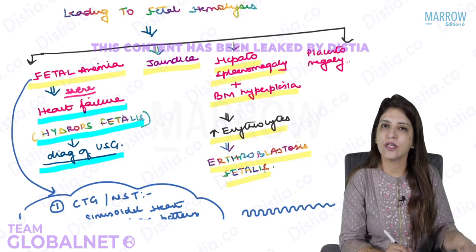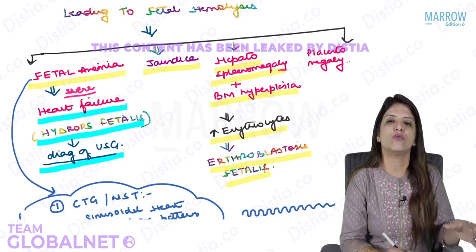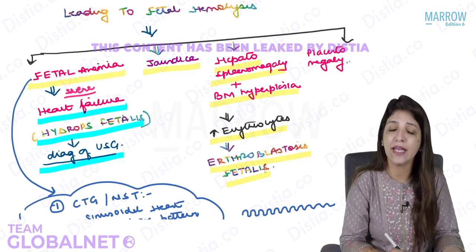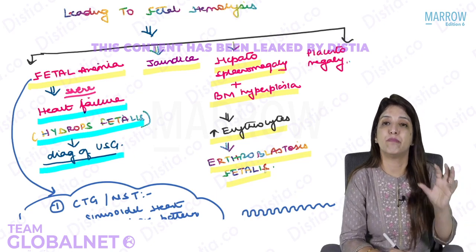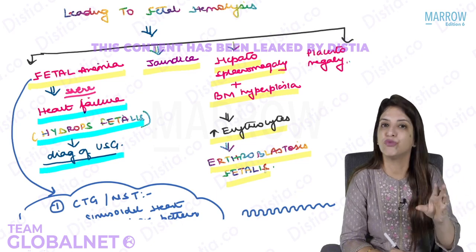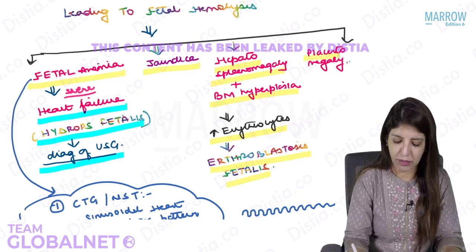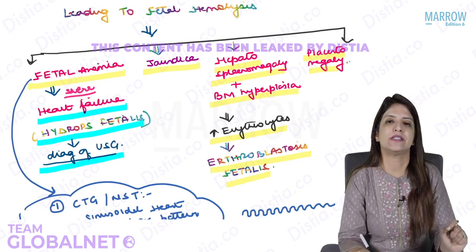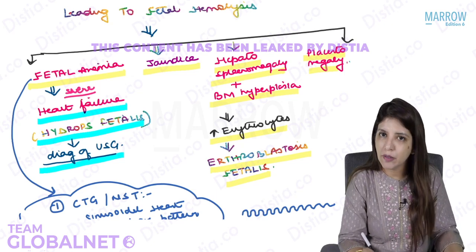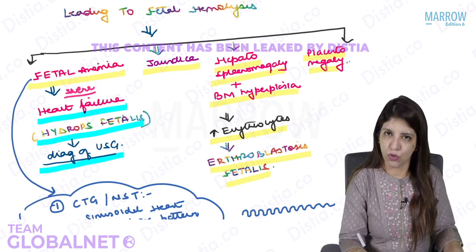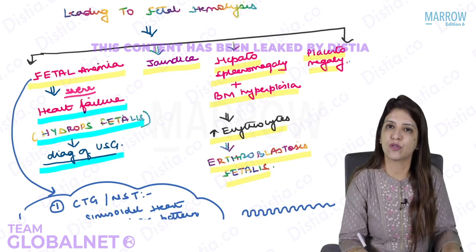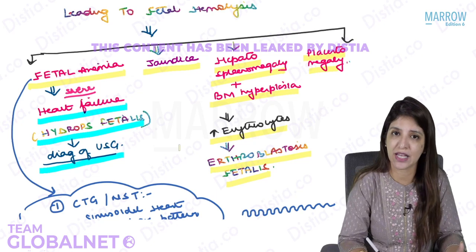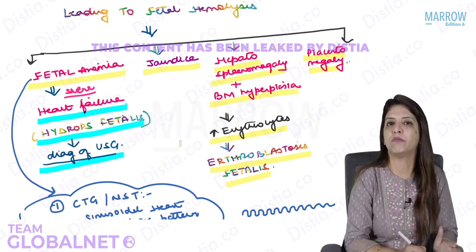Right? Now, because hemolysis is happening, the amount of nutrients and oxygen reaching the fetus will definitely be less. So the placenta will try its best to give more blood to the fetus, and that is why there will be placentomegaly. So because of hemolysis, these are the features you get: fetal anemia, which could lead to hydrops, jaundice, hepatosplenomegaly, bone marrow hyperplasia leading to erythroblastosis fetalis, and placentomegaly.